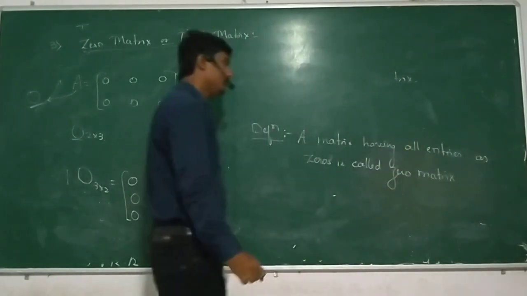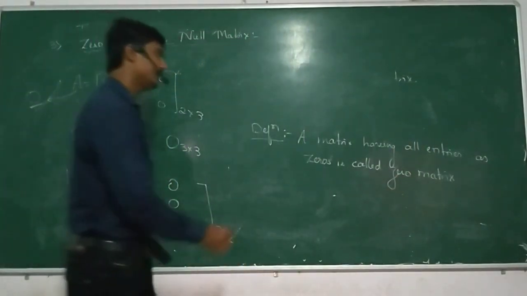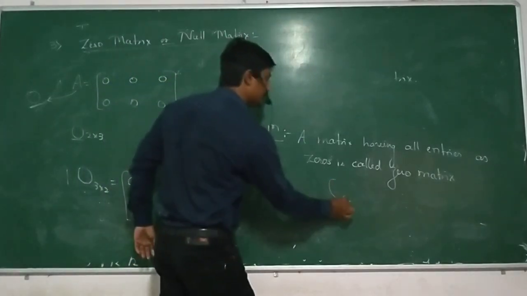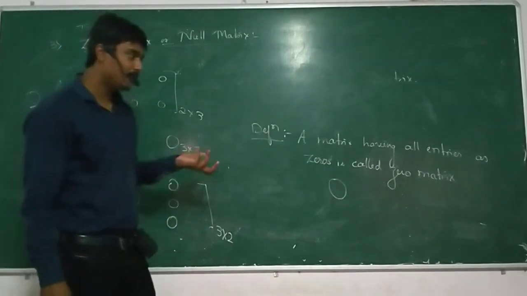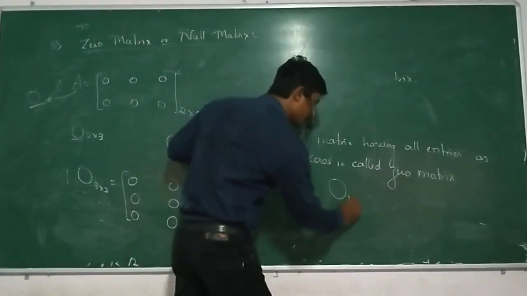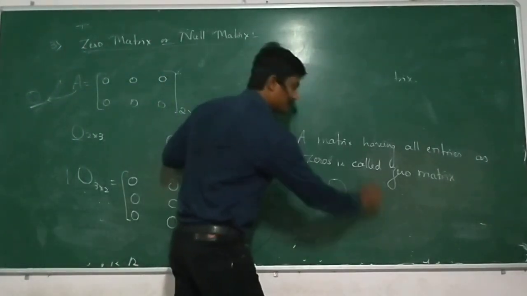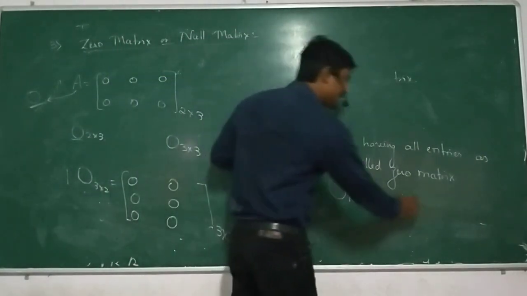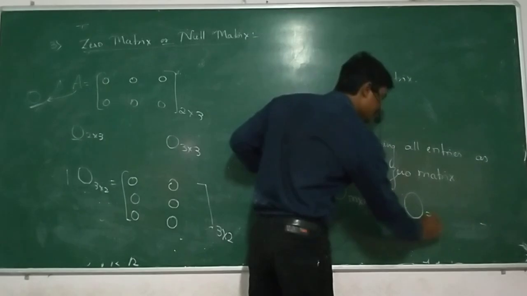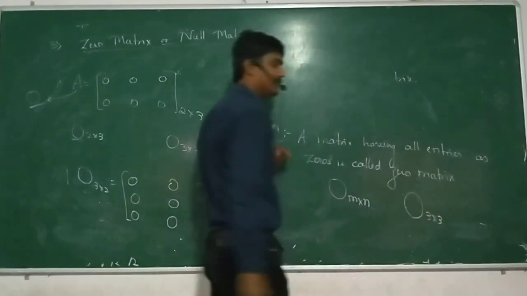Which letter do we use to denote a zero matrix? The letter used is O. Zero matrix of order m by n, O subscript m by n. Zero matrix of order 3 by 3, O subscript 3 by 3.